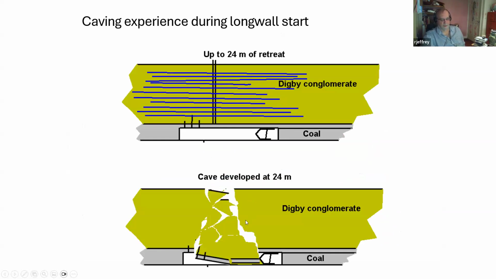But caving did occur at about 24 meters and continued on from there as they continued to mine. So from that point of view, it was also a success. And the mine continued to precondition ahead of the mine for the rest of this panel.